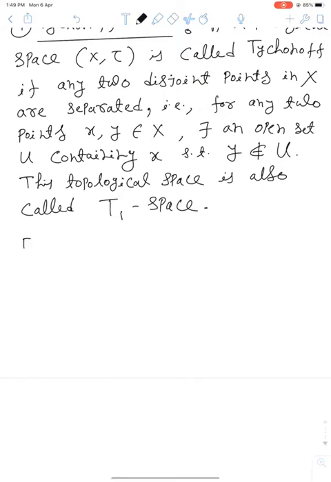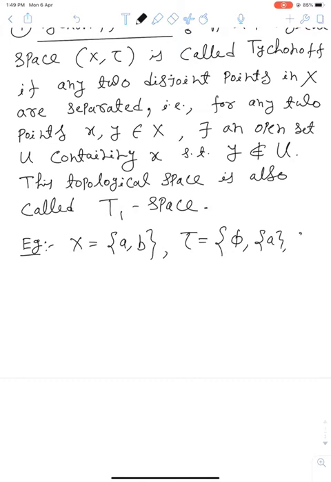If we take X equal to just 2 points, a comma b, and take the indiscrete topology, that is tau equal to the empty set and this set AB.